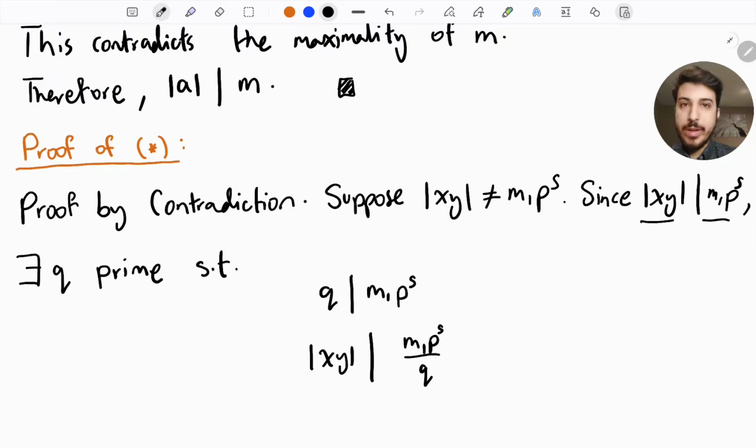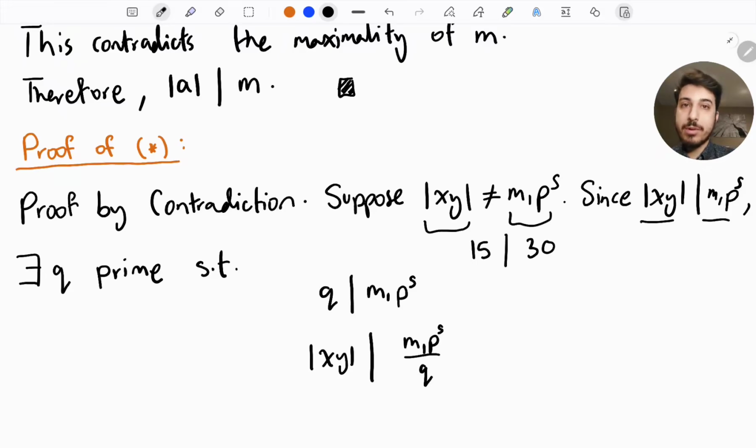So if this sounds weird, just take an example. So let this number be 15 and this number be 30. We have that obviously 15 is not equal to 30, but that 15 divides 30.